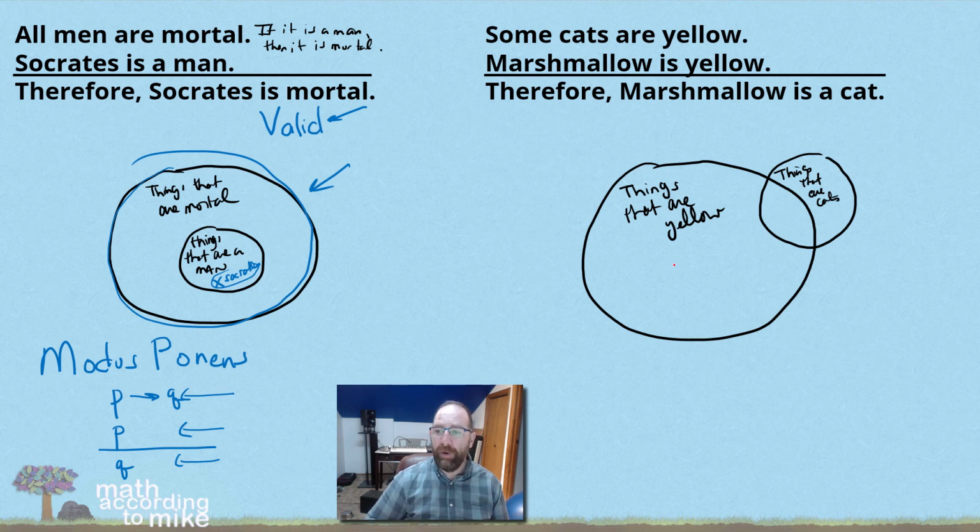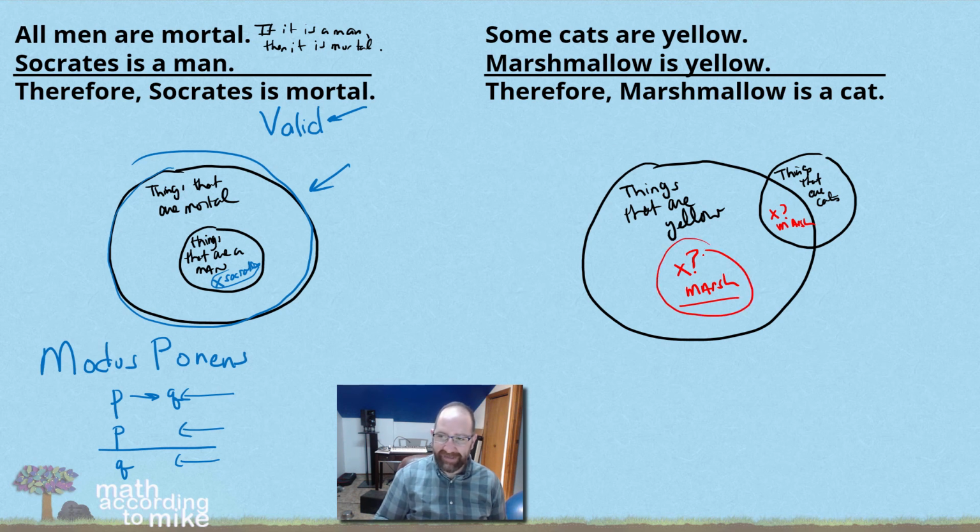But he could go here, or he can go here. Therefore, marshmallow is a cat. By our Euler diagram here, can we safely conclude that Marsh is a cat? No, we can't, because it's a possibility that he's yellow and not a cat.